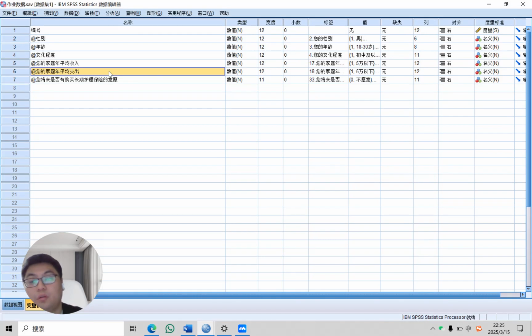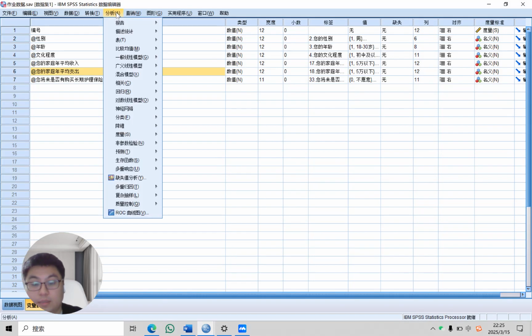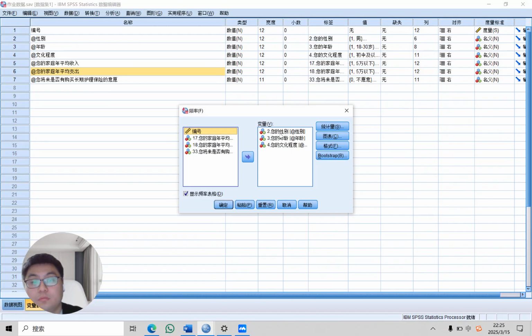We choose our variables and then uncheck display frequency tables, otherwise many graphs will appear.